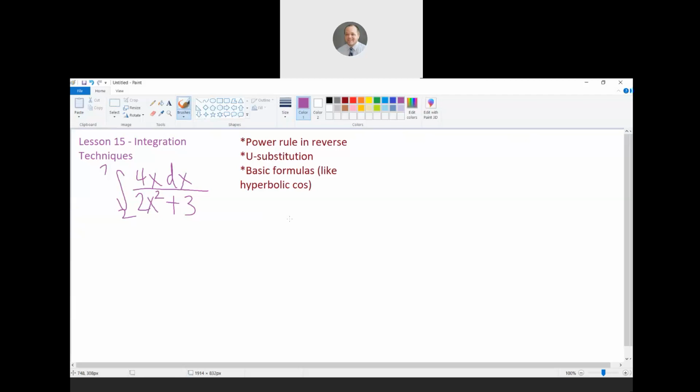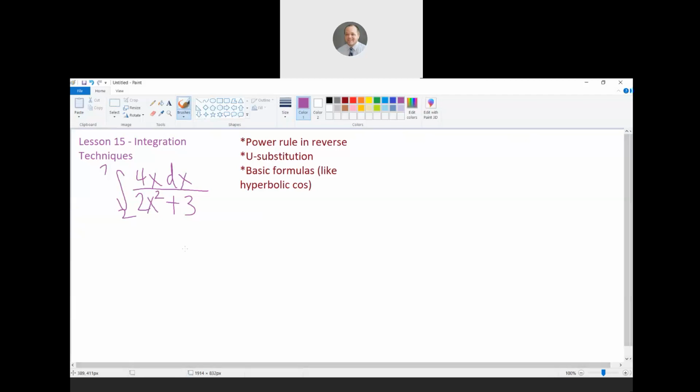How I know to use substitution with this problem is the highest exponent is at the bottom, and it's actually one more degree than the top exponent. Not in every single case, but in most cases, if you have this scenario, then you can use substitution.